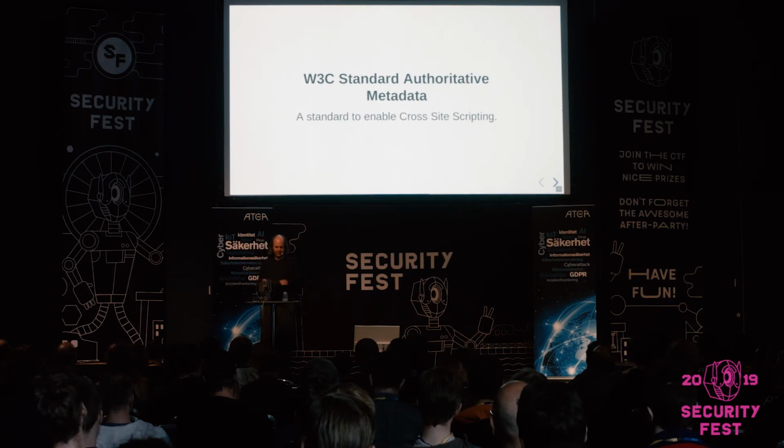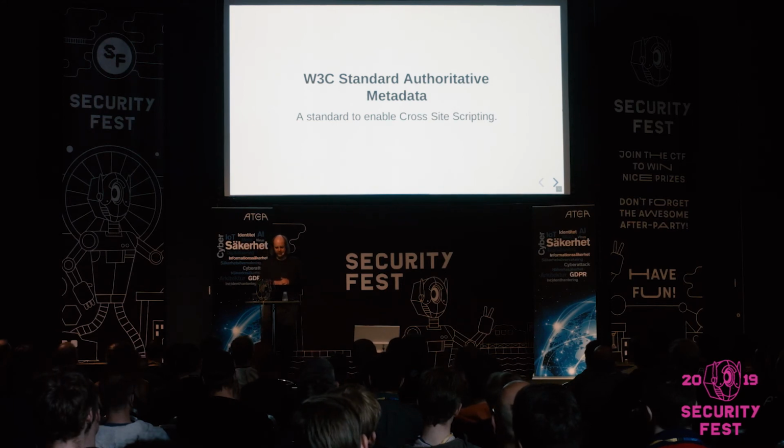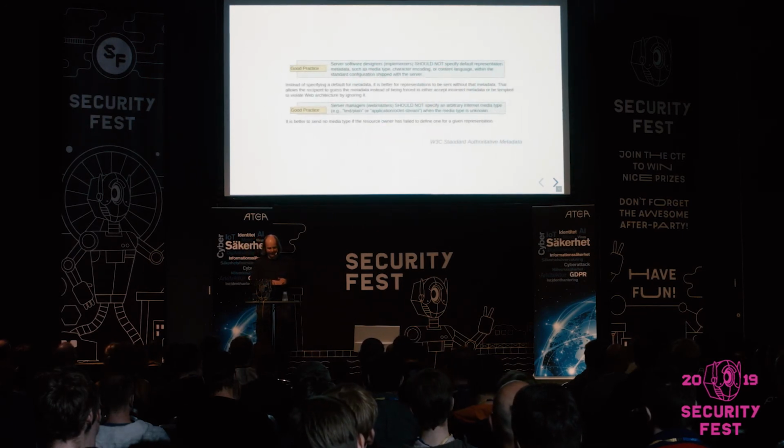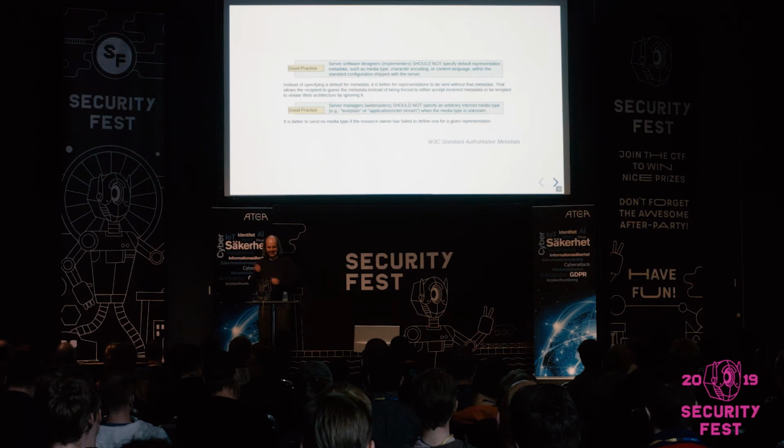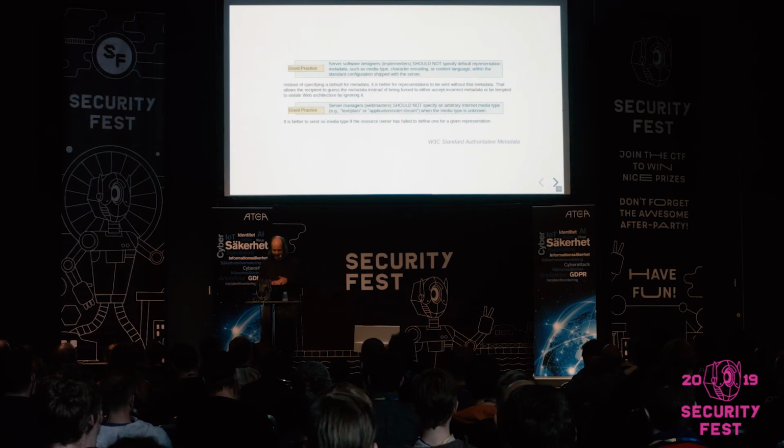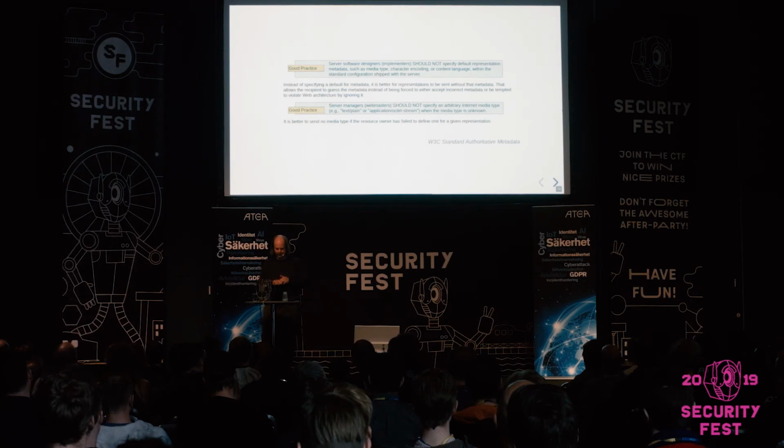There's a document called the W3C Standard, Authoritative Metadata, which I would like to call a standard to enable cross-site scripting attacks. It says here, server software designers should not specify default representation metadata such as media type, character encoding, or content language within the standard configuration shipped with the server.